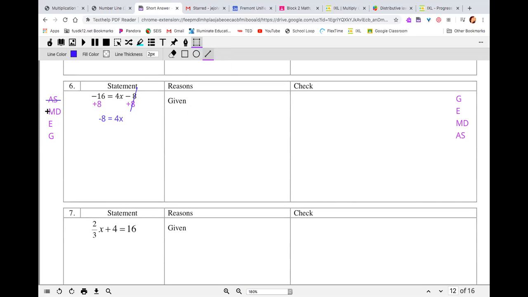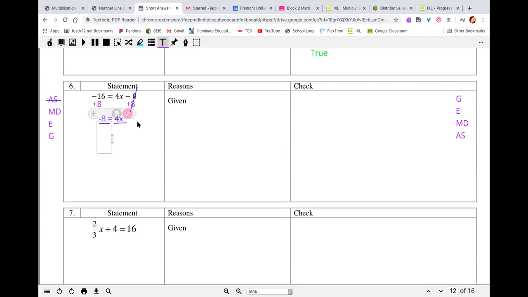Multiply or divide. Okay. And if this is 4 times x, I want to divide. Good. So we're dividing both sides. And what number am I writing on the bottom? Am I going to write 4 or 8? -8.